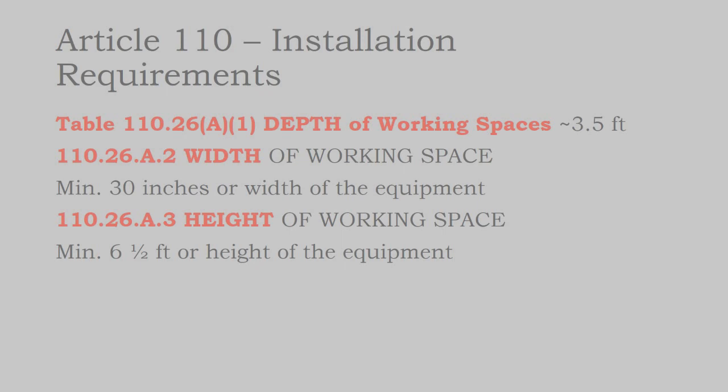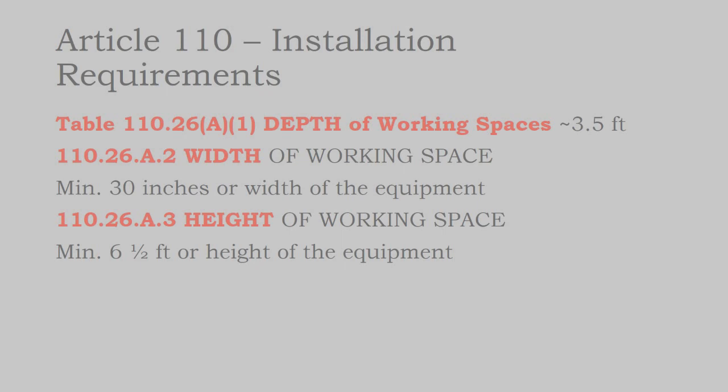That has special rules for what is behind the panel as well as what is in front of the panel. The maximum space is around 4 feet, and the minimum space is around 3 feet.